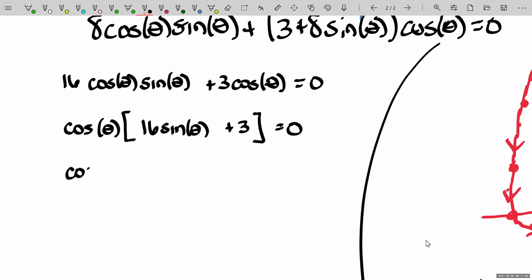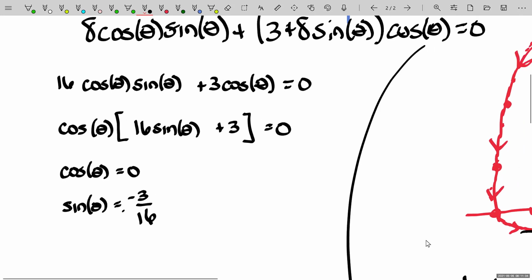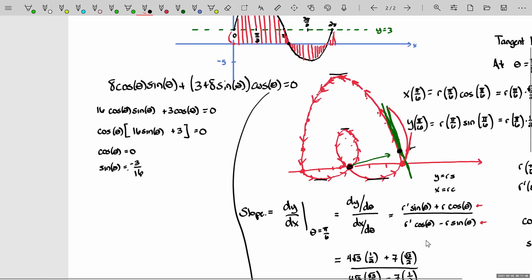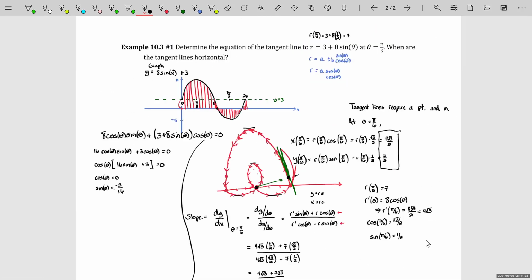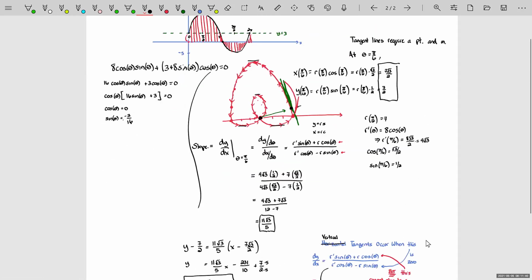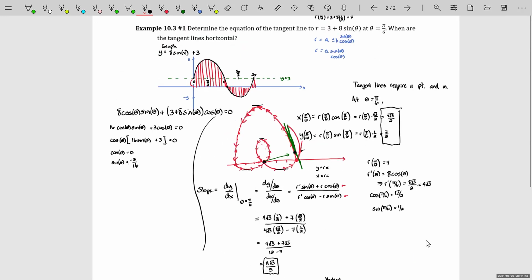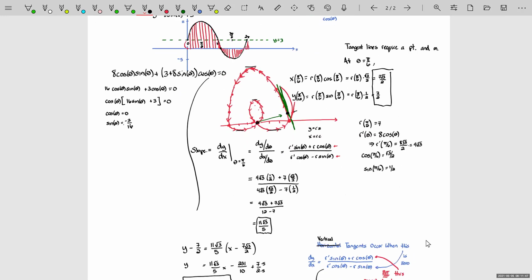So we see that this is 0 when cosine of theta is equal to 0, or when sine of theta is equal to negative 3 over 16. Let me just double check that real quickly. R prime is 8 cos times sine plus 3 plus 8 sine times the cos. Yep.